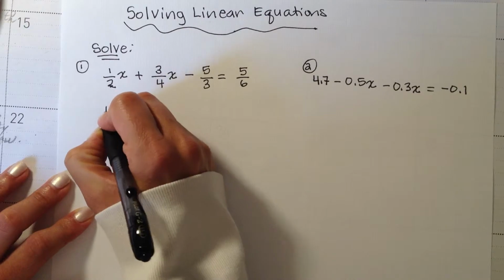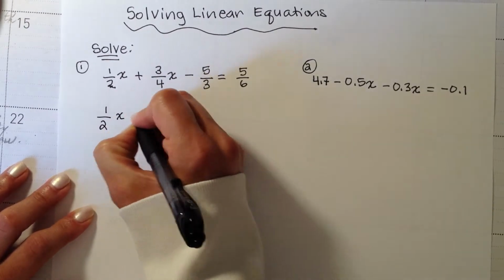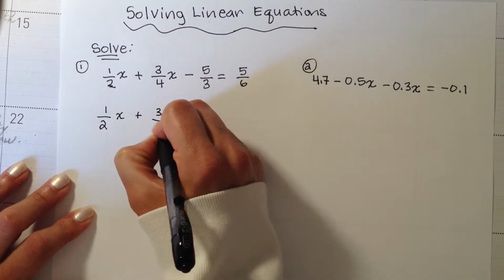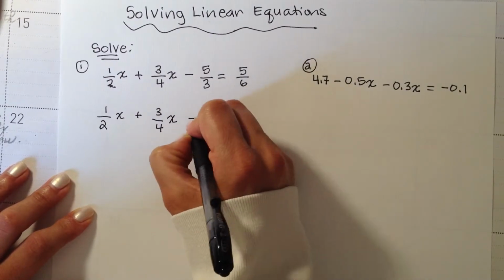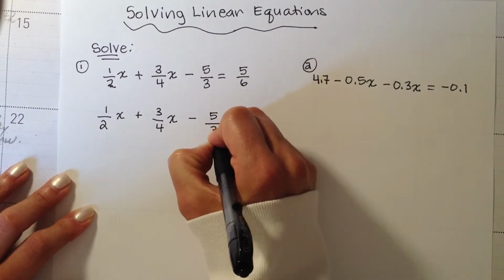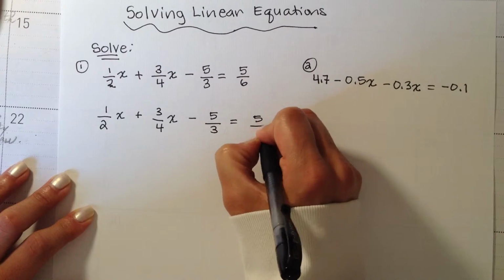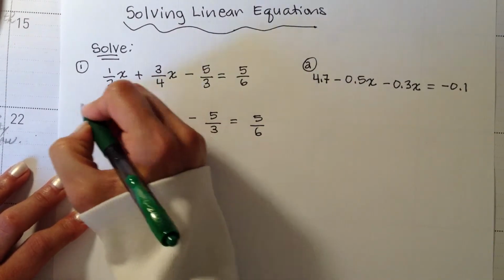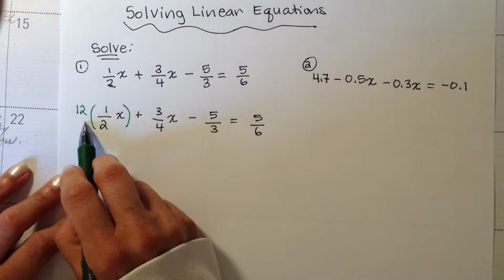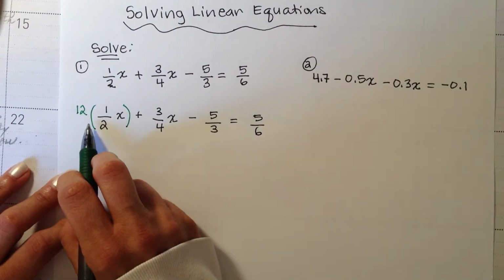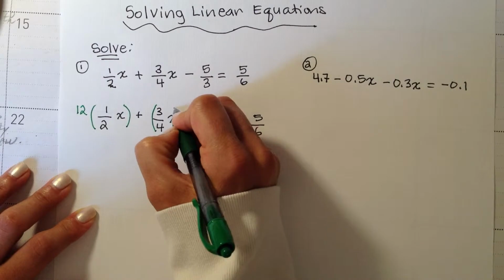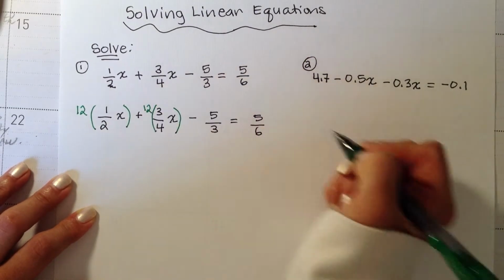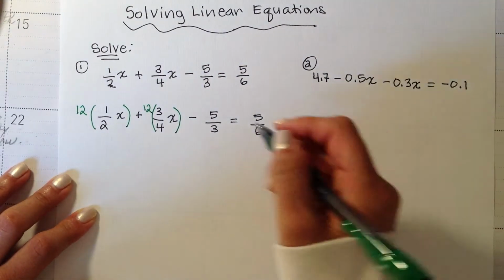I'm going to recopy this equation, and then we're going to multiply both sides of the equation by 12. We multiply every single part by 12, and when you multiply by 12, you are multiplying in the numerator for every single part here. So you can write 12, or we can even write 12 over 1.